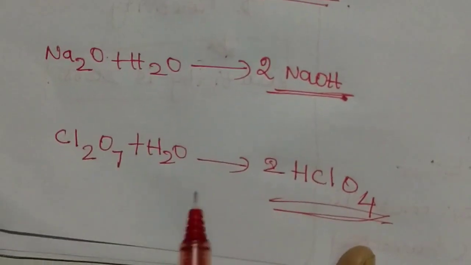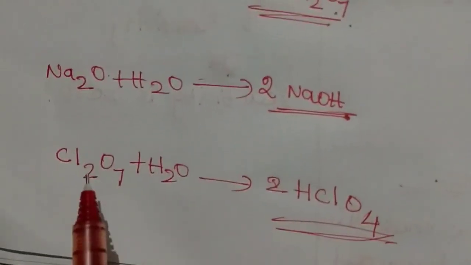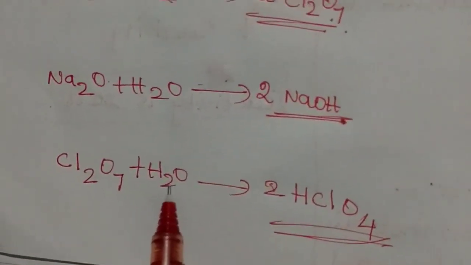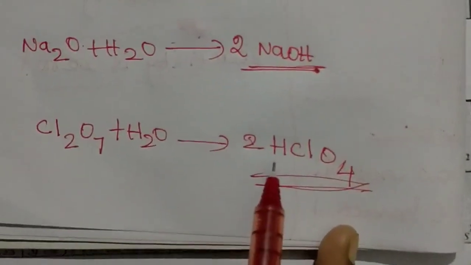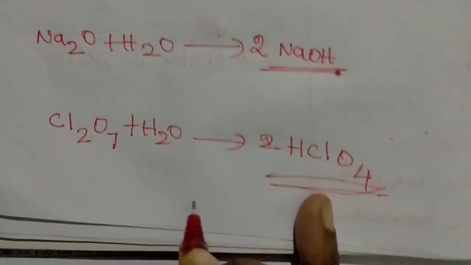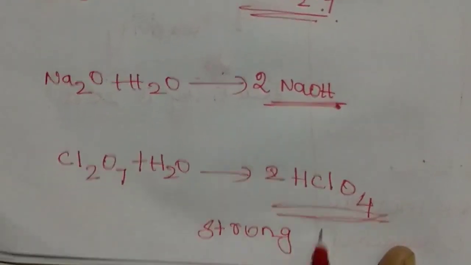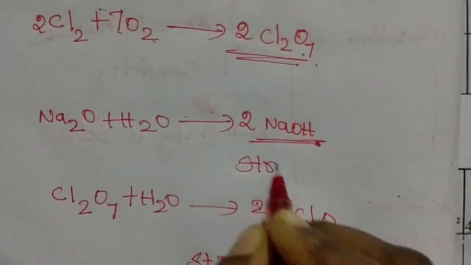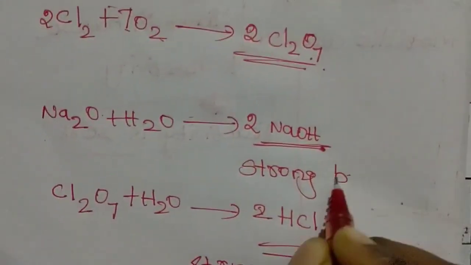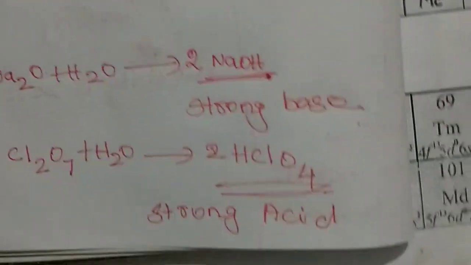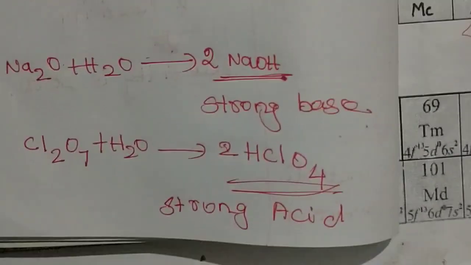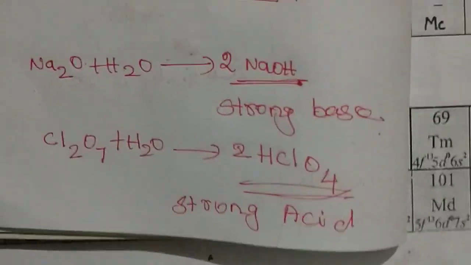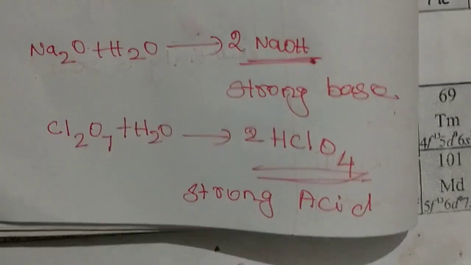You can see that this halogen oxide reacts with water and produces a strong acid, perchloric acid. This one is a strong base.